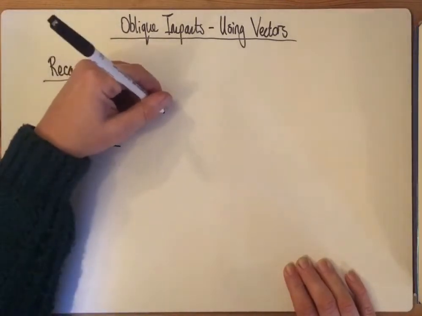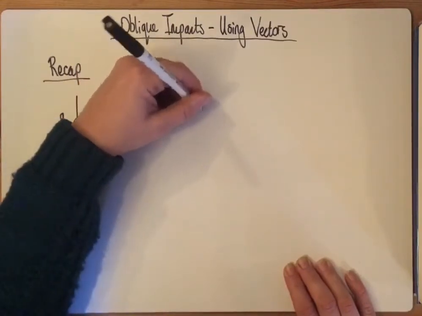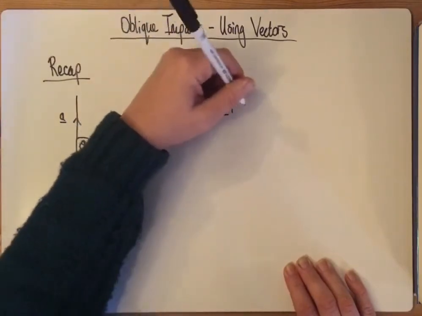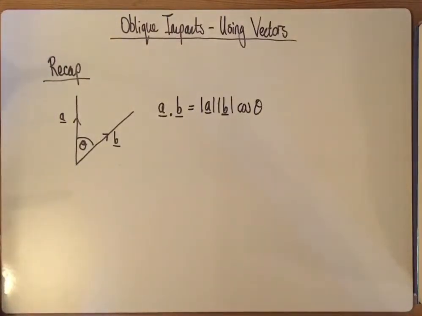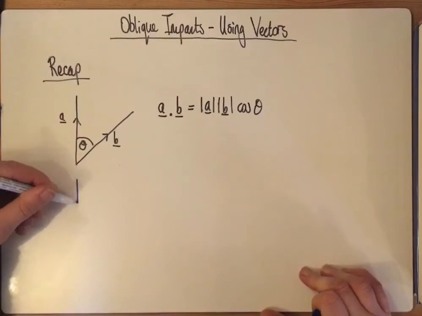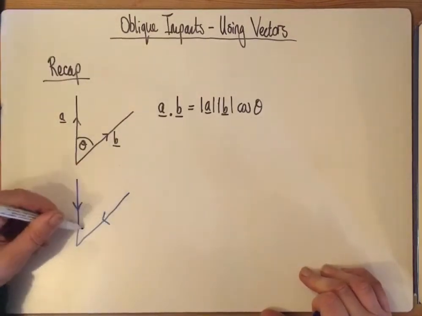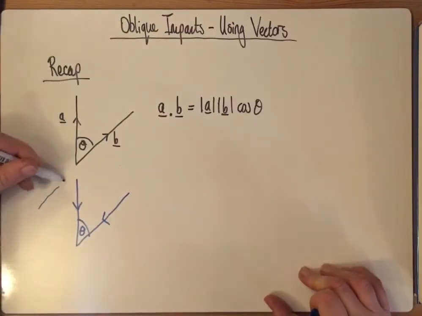then we use the formula A dotted with B is equal to modulus of A times modulus of B cos theta. And if you remember, for this to work, you need both your vectors to be coming out of this angle, or alternatively you need them both coming in to the angle, which is the equivalent of doing this, I guess, isn't it?